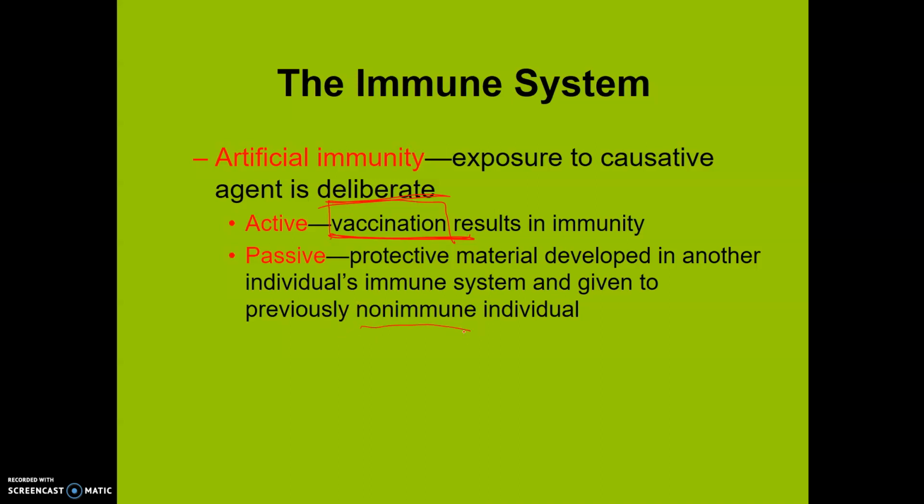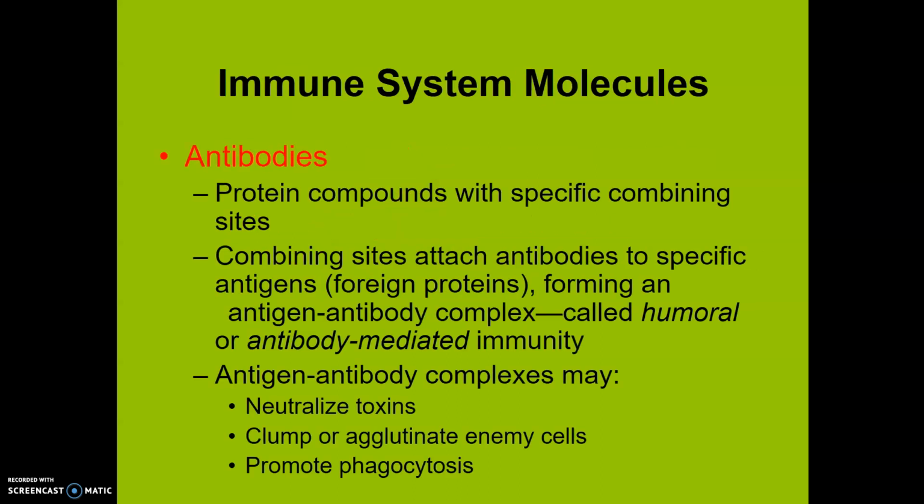This particular case, we'll run into in a little bit in terms of a situation where somebody were to receive, let's say, a tissue transplant. So it's a protective mechanism to ensure that our body isn't being contaminated with another individual's cell type.